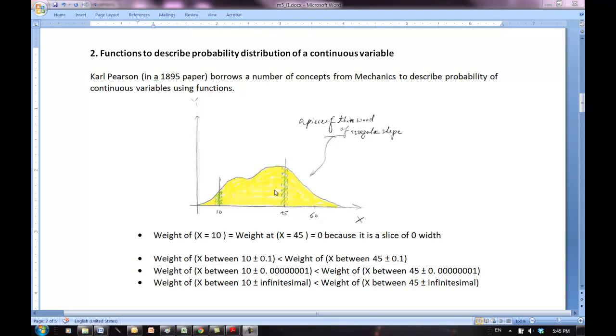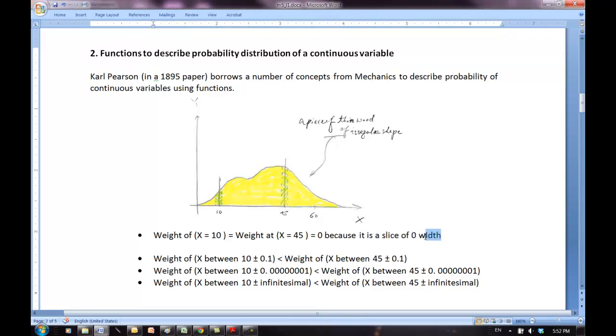We now look at why this problem resembles the probability distribution for a continuous variable. The weight distribution along the x-axis. If we want to speak of the weight at each point, then we have to realize that it will be 0 for any point, because we are talking about a slice of wood of 0 width.